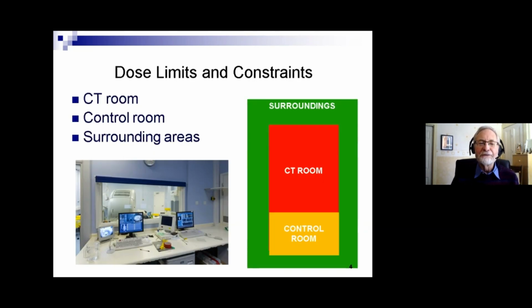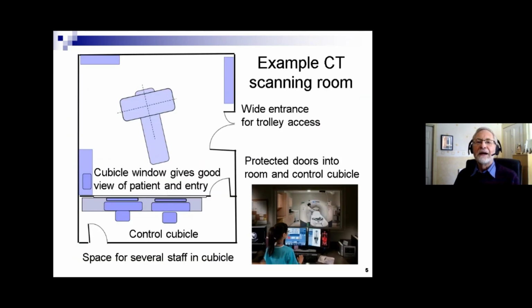So the general arrangement for CT rooms is something like this, with the CT room and control area and surroundings, so quite a large control area. Here we've got a much wider entrance for the trolley access. The cubicle window gives us a good view because you need to look at both the patient and anyone who might enter the room. The control cubicle gives space for several staff, and there are protected doors into both the room and the control cubicle.